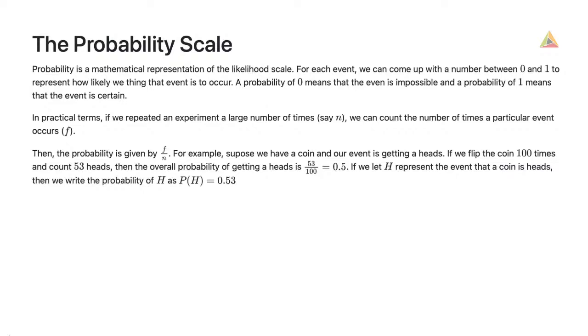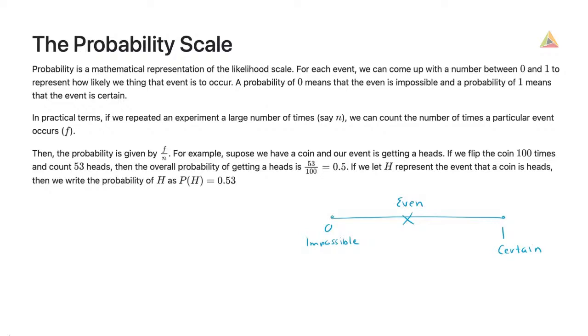So if I was to draw the probability scale, I'd put 0 here, and I'd put 1 here. Now 0 would mean that the event is impossible. A 1 would mean that the event is certain. And then, as you can guess, in the middle here, this would be an even chance.